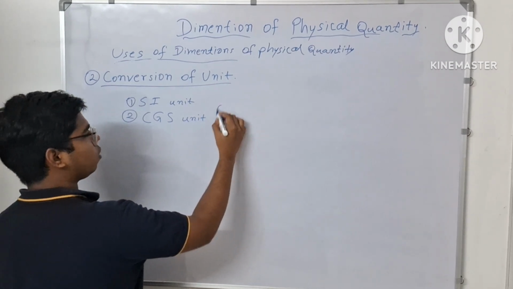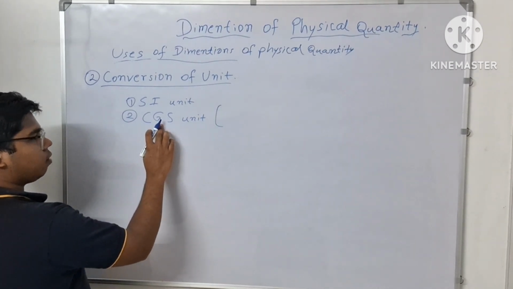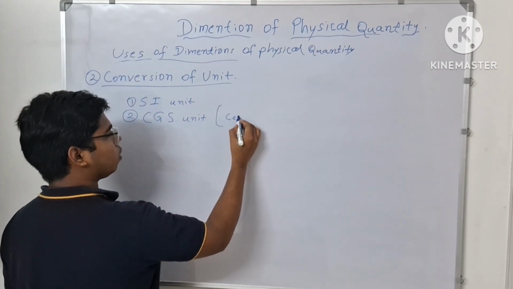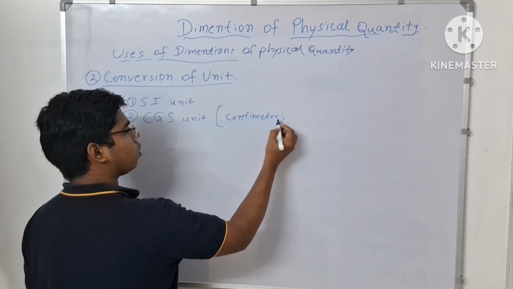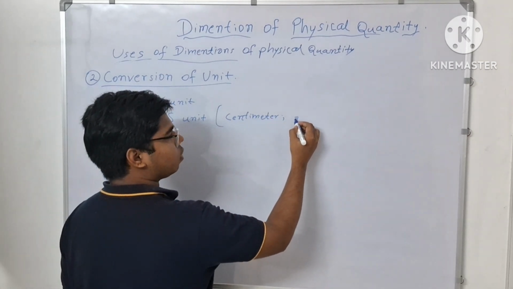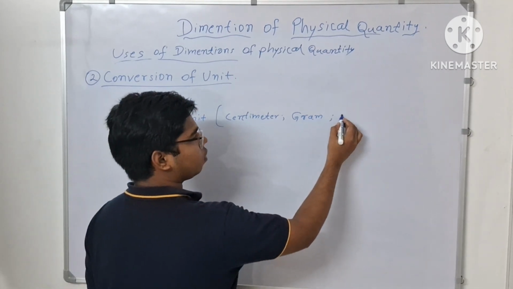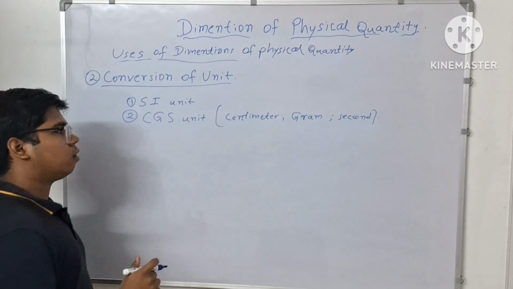What is the CGS unit? CGS unit is length, mass, time. So length in centimeter, mass in gram, and time in second. This is the CGS unit.